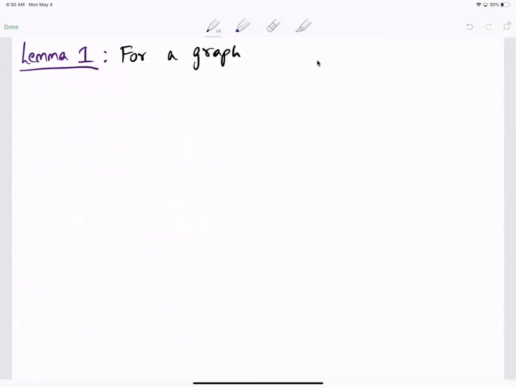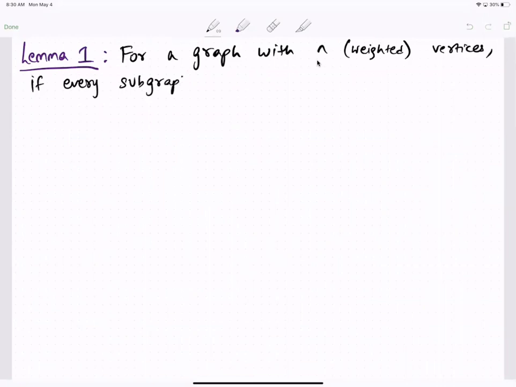It's a simple lemma. A graph with n possibly weighted vertices, if the following property holds: if every subgraph, which basically means the graph defined on a subset of the vertices, has a vertex with degree less than or equal to delta.